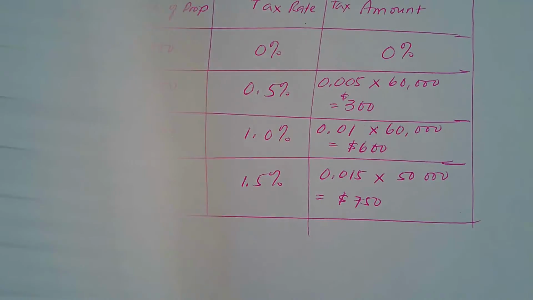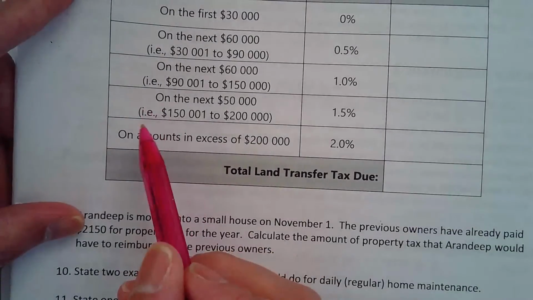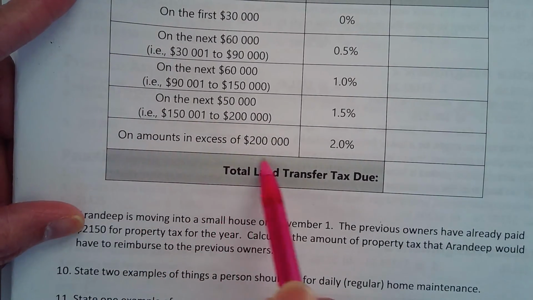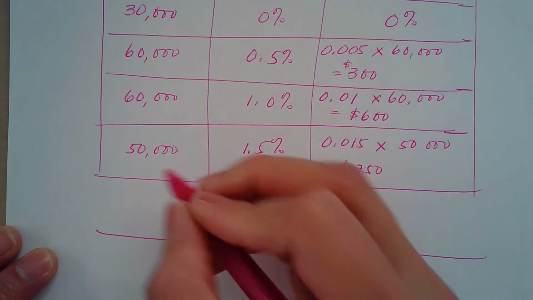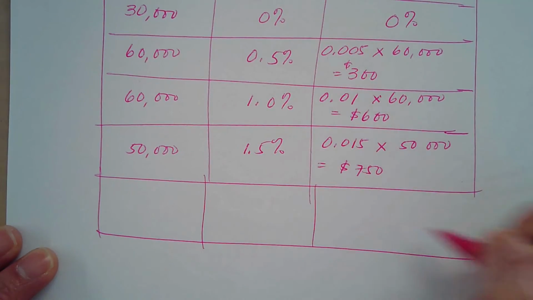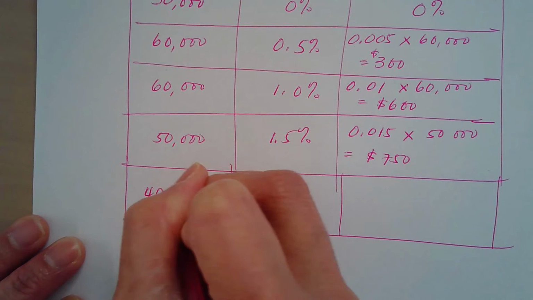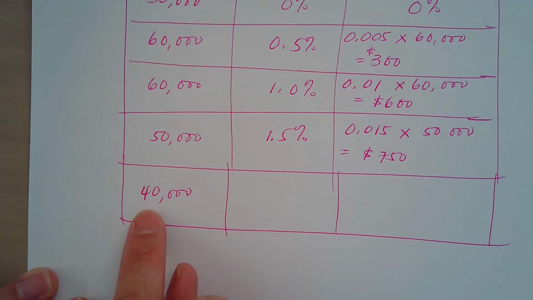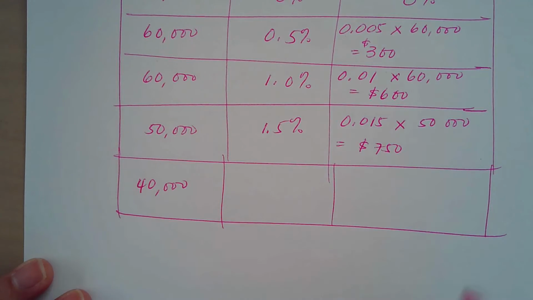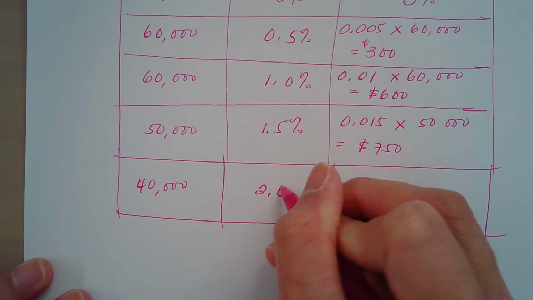And then the next one says anything in excess of 200,000. So how much more? Another 40,000, because now it adds up to 240,000. And how much is the tax for 40,000? 2%.